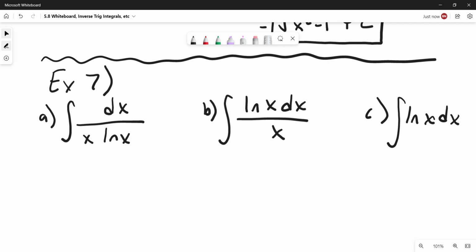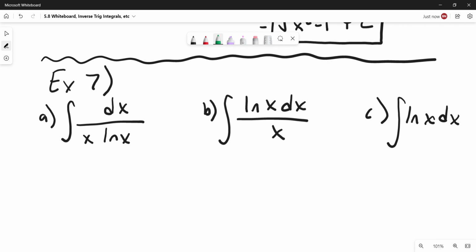Remember, the derivative of ln x is 1 over x, not the other way around. So don't try to choose 1 over x to be your u, because the derivative of 1 over x is actually the same thing as the derivative of x to the negative 1, which is negative x to the negative 2. That has nothing to do with ln x.